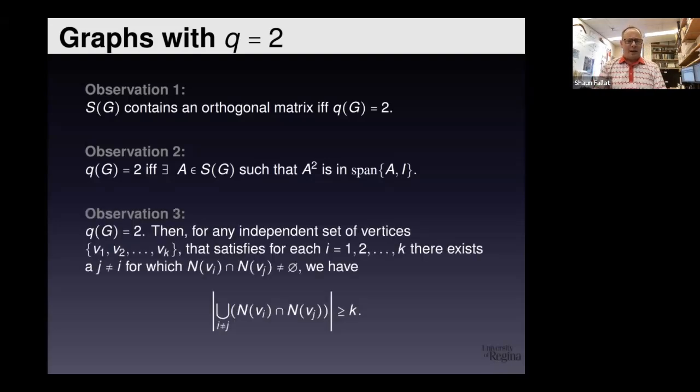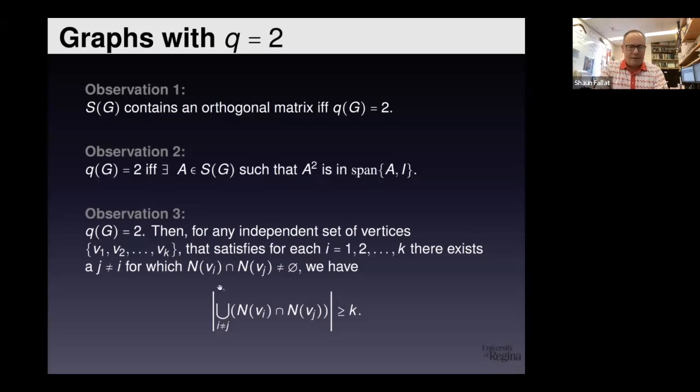Another observation, a little tool I suppose, is that if you happen to know Q is 2, then you can start to figure out various patterns among, in this case, independent sets, the patterns of neighbors and so forth.